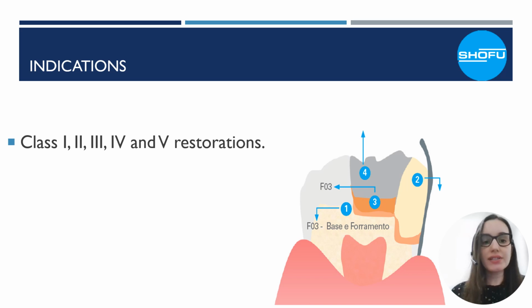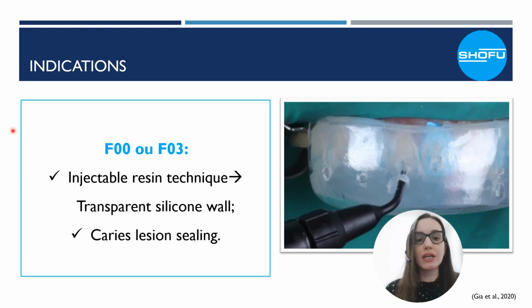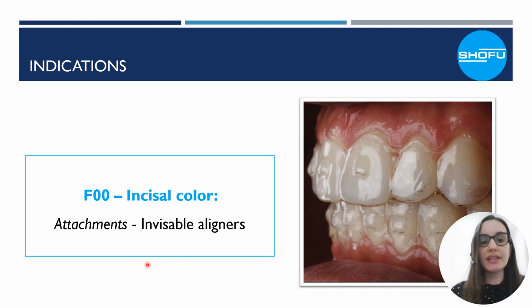So the indications are for class 1, 2, 3, 4, 5 restorations, for injectable resin technique, which uses a transparent silicone wall, and for caries lesion sealing also. The incisal color is being very used to make attachments for invisible aligners.